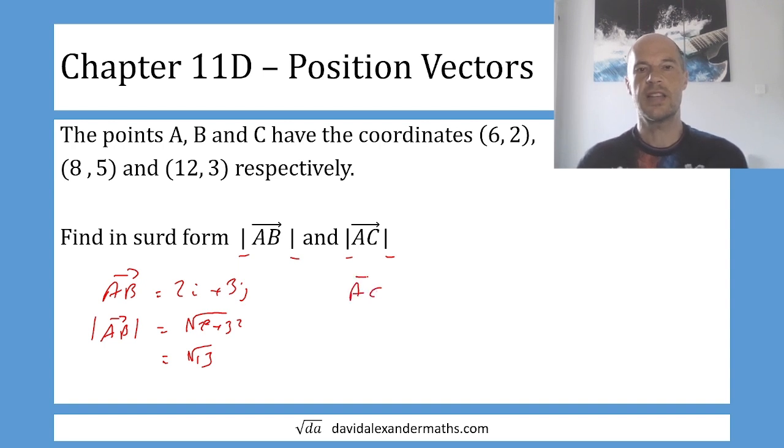AC was 6i plus 1j, so the magnitude is going to be the square root of 6 squared plus 1 squared, so 36 plus 1, which is the square root of 37. So nothing new there, we're just combining two things we've previously learnt together.